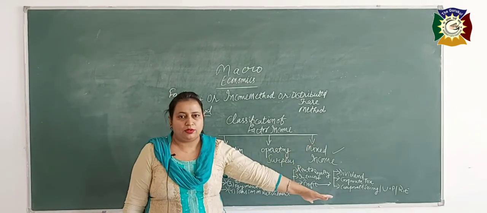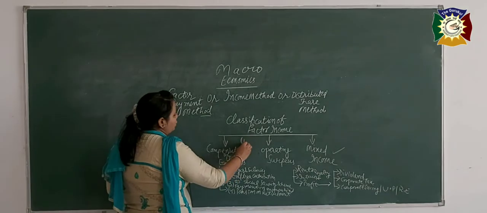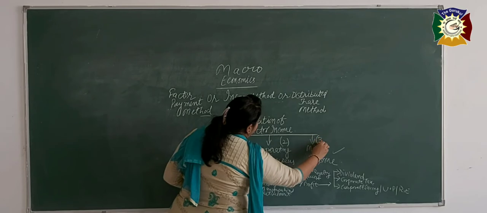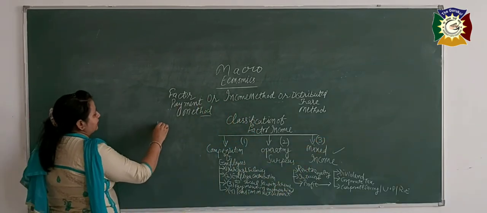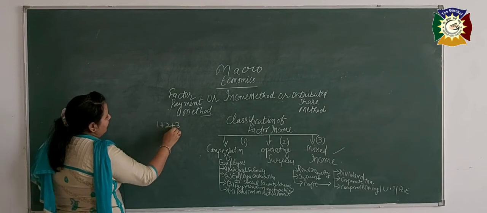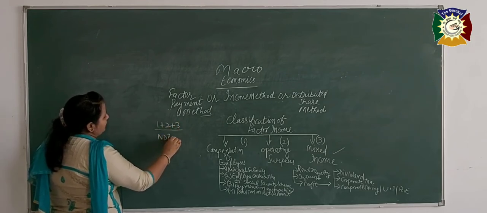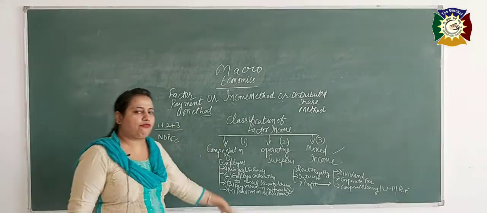By adding these three, compensation of employees, operating surplus, and mixed income, you will get NDPFC, because this income is generated within the domestic territory of a country.